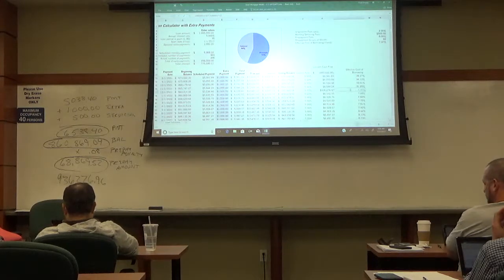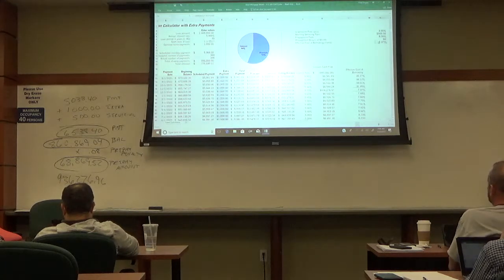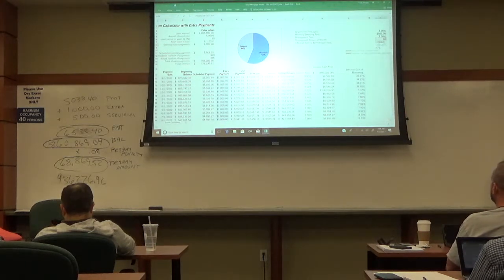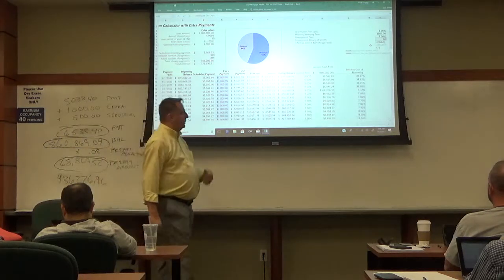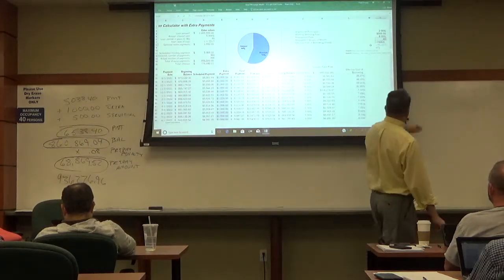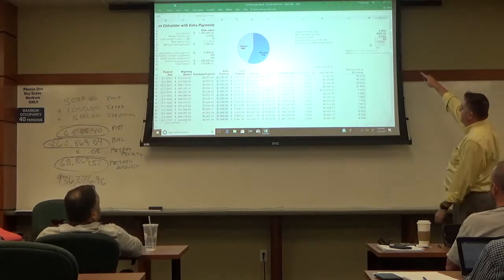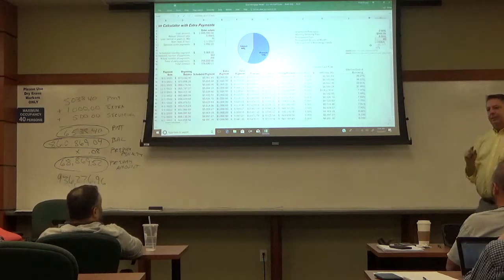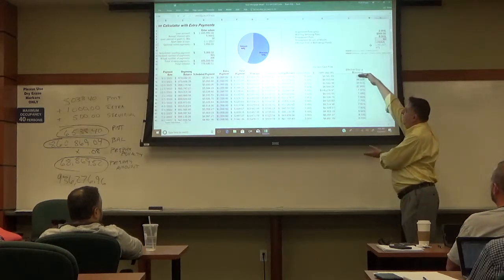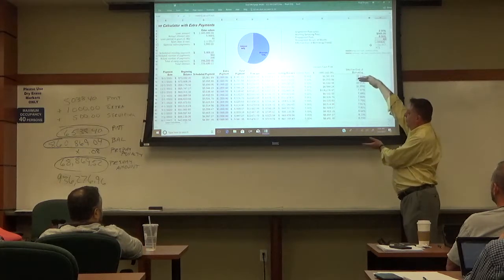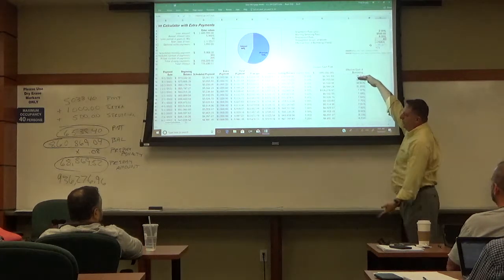All right. So now, one of the other cool features of this particular model is if you click on the effective borrowing cost or yield, the formula that it pops back is an interesting one that you probably have never seen before unless you're in a modeling class, and that's using the index function. Okay? What the index function allows you to do is say, all right, I need to pull a value from this range of data. And the range, obviously, is the beginning of the range to the end of the range.